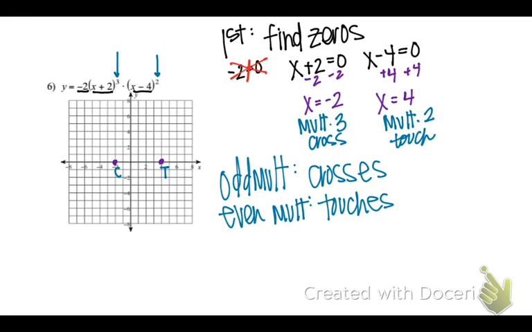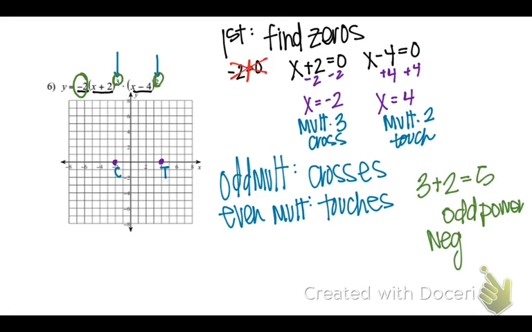And then the last thing we need to do is look at our end behavior here. If we look at this, we have to add up our exponents. So we have a 3 and a 2. 3 plus 2, that's 5. So that means it's an odd power. And then I look at this leading coefficient here. The leading coefficient is negative, so it's an odd power and it's negative.